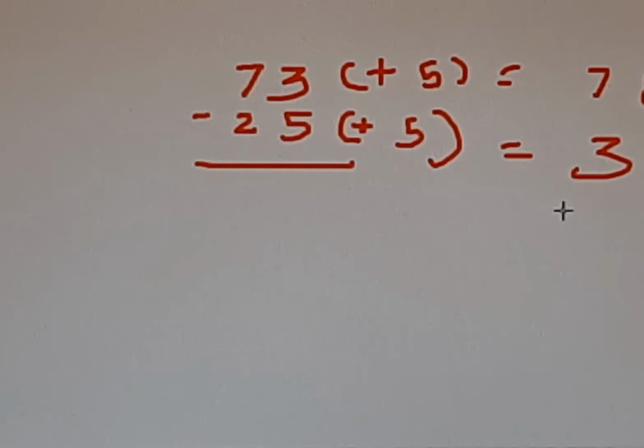Now you don't have to think about it. The 8 will be the same. There will be no changes in this. But you have to just minus 3 from 7. So 48. 48 is the answer of this sum.